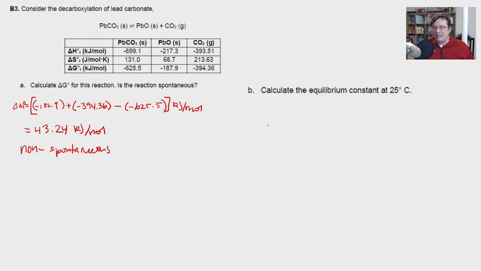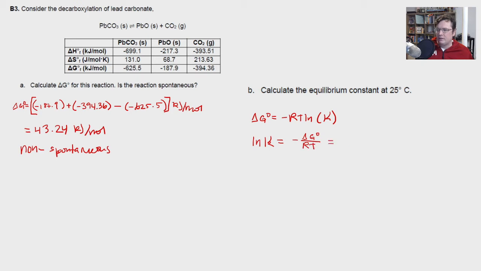Next, it says to calculate the equilibrium constant at 25 degrees Celsius. So now we use the equation delta G naught equals negative RT natural log K. K is what we're trying to get. If we rearrange, natural log of K equals negative delta G naught over RT.